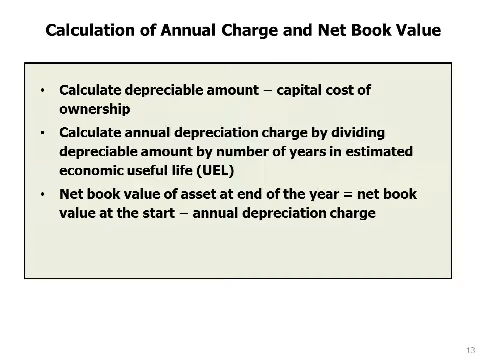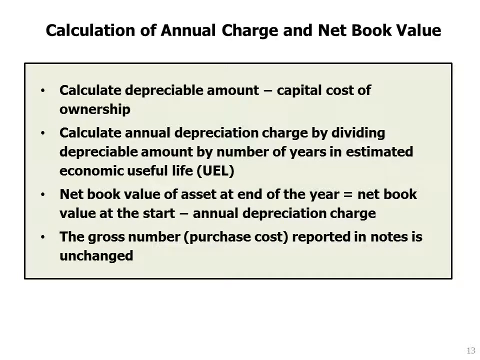And lastly, the net book value of the asset at the end of the year is given by the net book value at the start of the year, less the annual depreciation charge taken through the income statement. And of course, the gross number, the purchase cost, which is reported in the notes to the accounts, remains unchanged through the depreciation process. So let's look at an example.